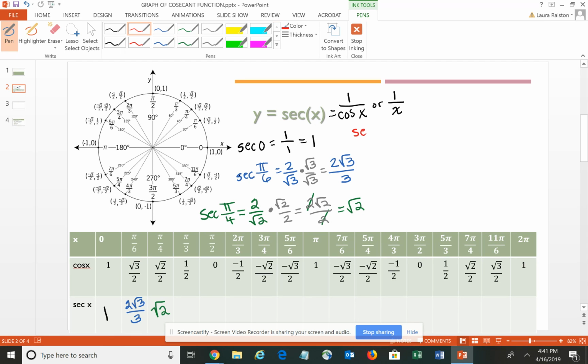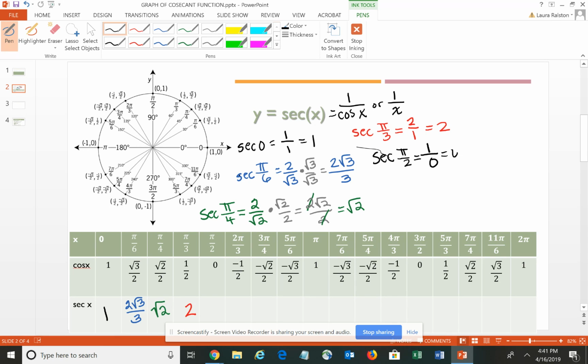Now we're up to the secant of pi thirds. The secant of pi thirds would be the reciprocal of 1/2, which becomes 2 over 1, or 2. And then we have the secant of pi halves, where the cosine of pi halves is 0, so we're going to end up with 1 over 0.